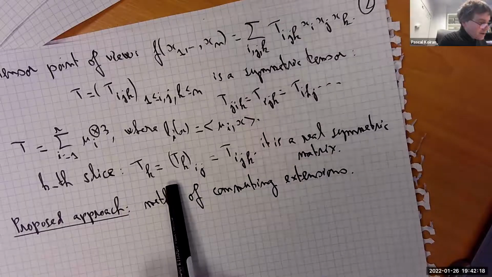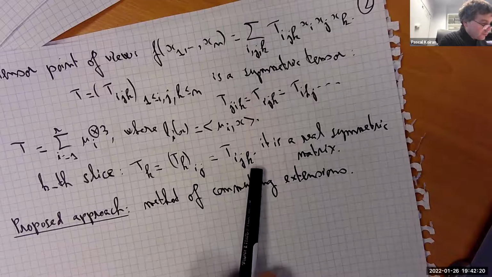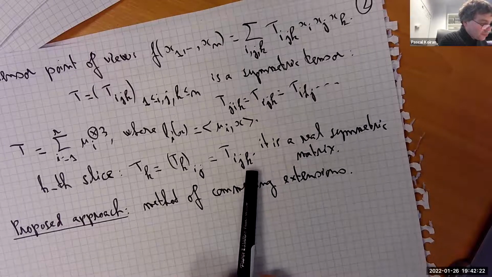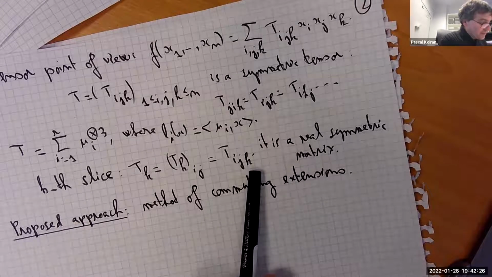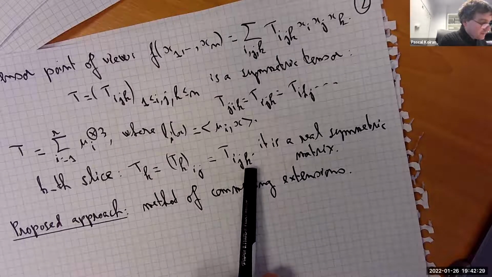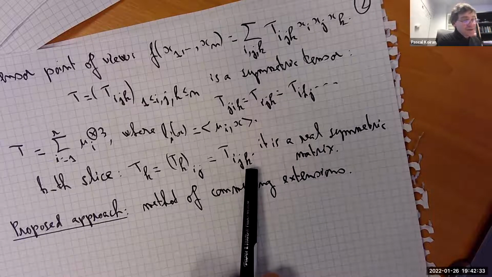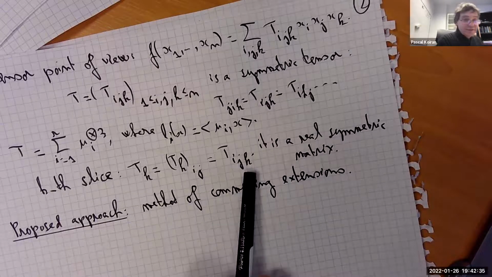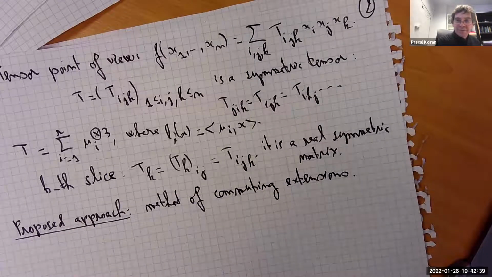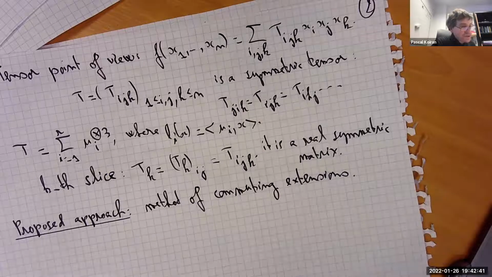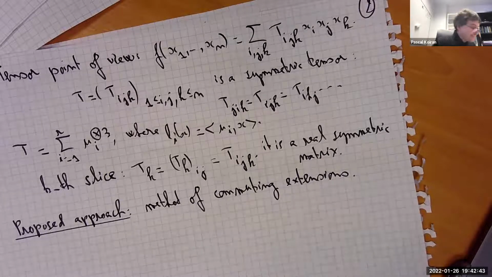You see here, I decided to define the slices to fix the value of the third index. But you could also decide to fix the value of the first or second index. So in principle, you would have 3n slices, but you don't get new slices because of the symmetry. So for a symmetric tensor, you just have n slices already.